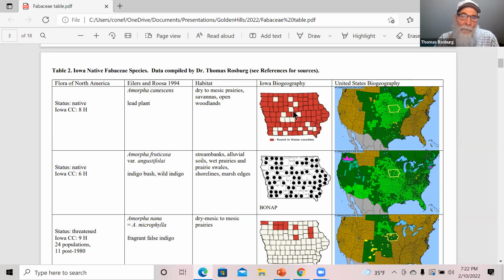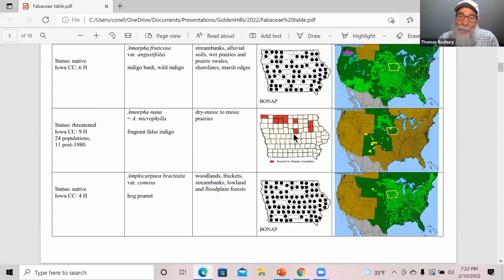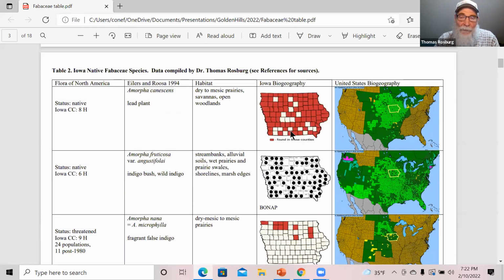The maps over here, it takes a lot of time to put these together, so I hope you can use them and appreciate them. If you're doing a restoration, want to know what to plant, then you better be looking at these maps. These maps show you, as far as we can tell, well, mostly the ones that have the red counties come from Paul Christensen's Iowa Prairie plants. And that one strives to look at what the native range was.